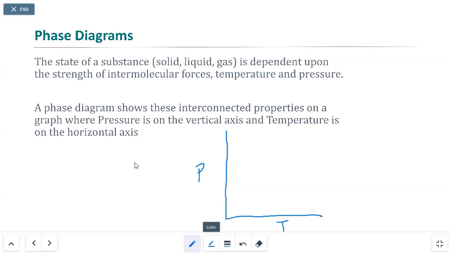So what we are ultimately going to be doing is we're going to be looking at where is the substance a solid? Where is the substance a liquid? And where is the substance a gas?